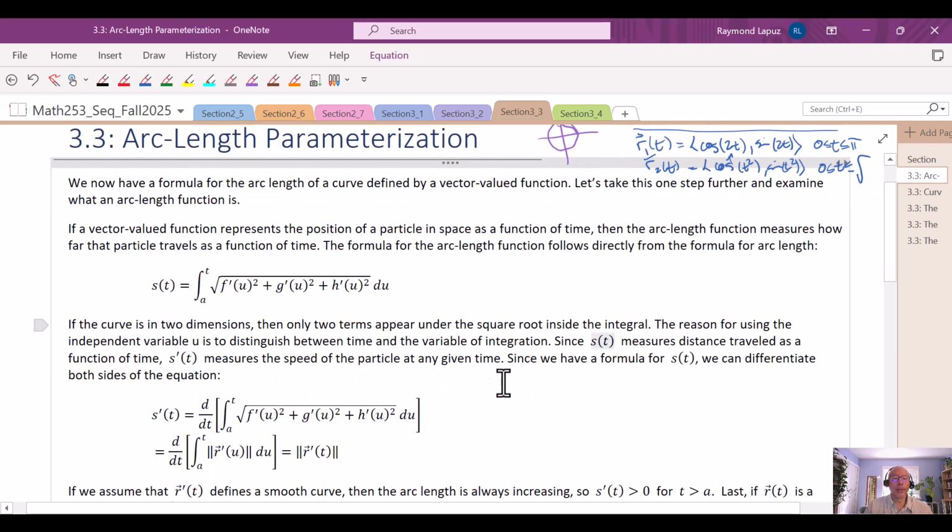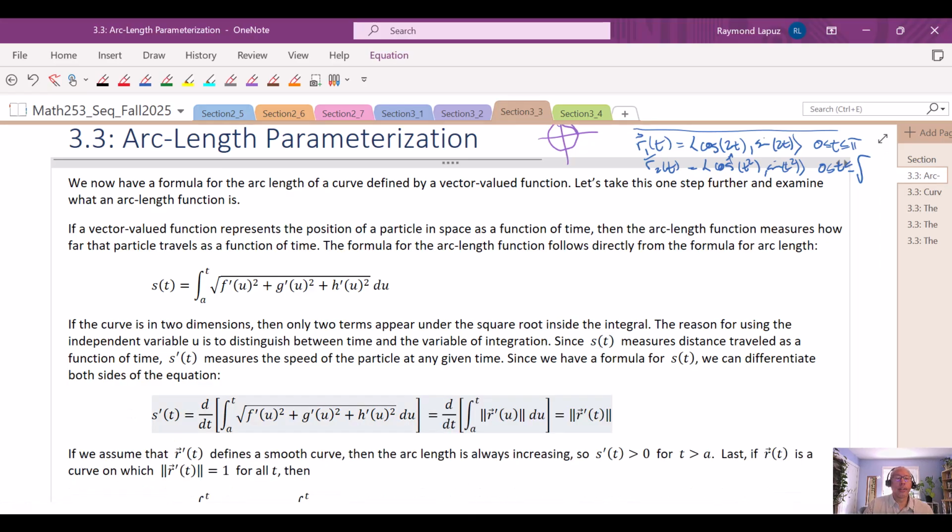And then we have this formula. So let's take a look at this formula. The derivative of s is going to be d/dt of this integral, and we know from the fundamental theorem of calculus that the derivative of an integral function, where the t variable is a top limit and the a is just whatever constant, is going to be whatever is inside that function.